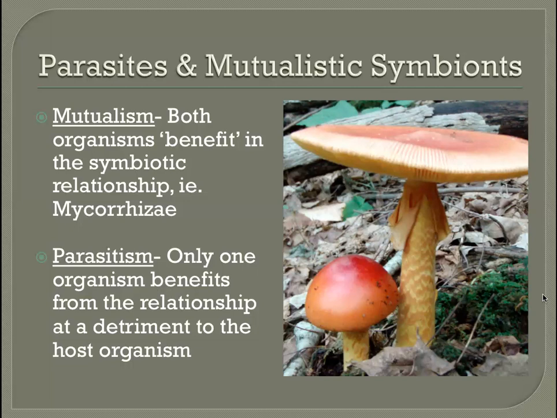So the tree or the vascular plant is receiving all of these nutrients from the fungus. At the interface, the fungus is receiving sugars that the tree or vascular plant is synthesizing through photosynthesis. It's a really, really fascinating situation and quite critical.